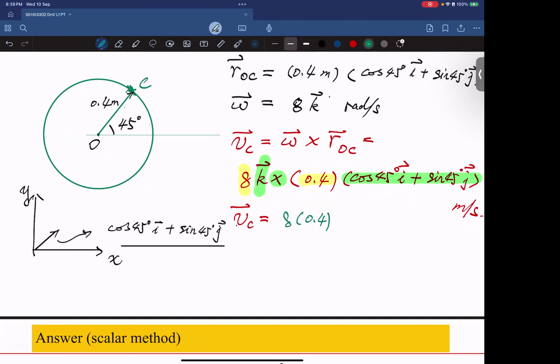So when we expand it, we put cosine 45 in front. Cosine, we use another color, maybe blue.